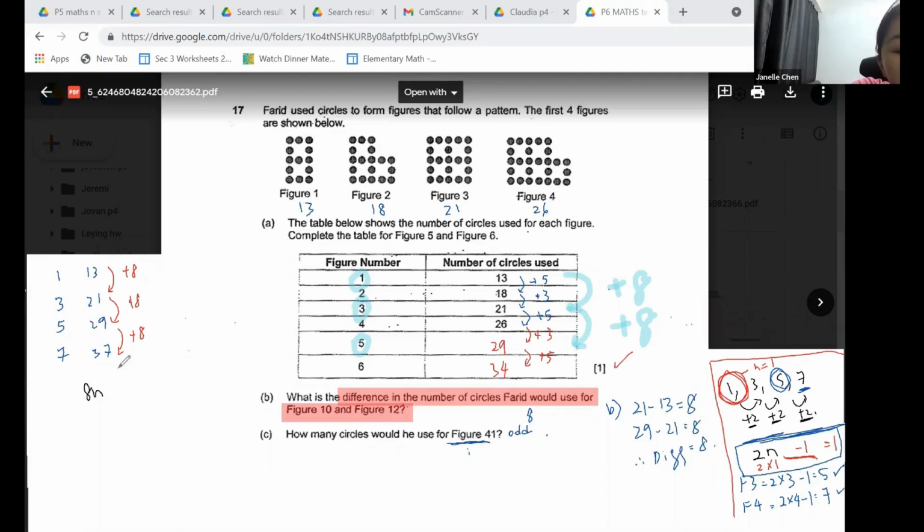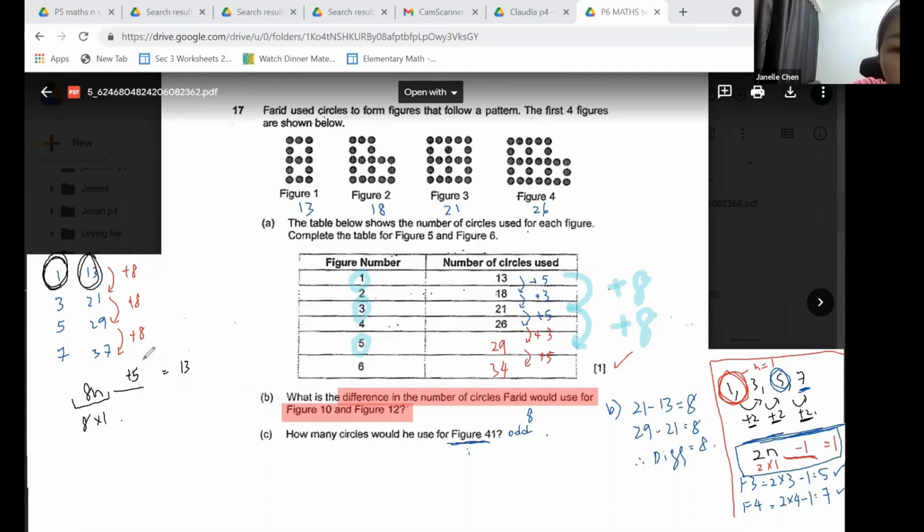If I have 8n and I go to my very first one, figure number 1, I have 13 here. If I have 8n, it means 8 times 1, and then what do I need to do on this side in order to get 13? I will think that I have to plus 5, right?